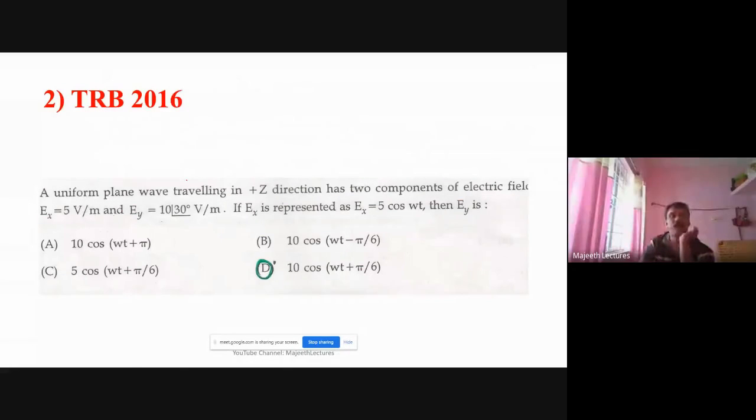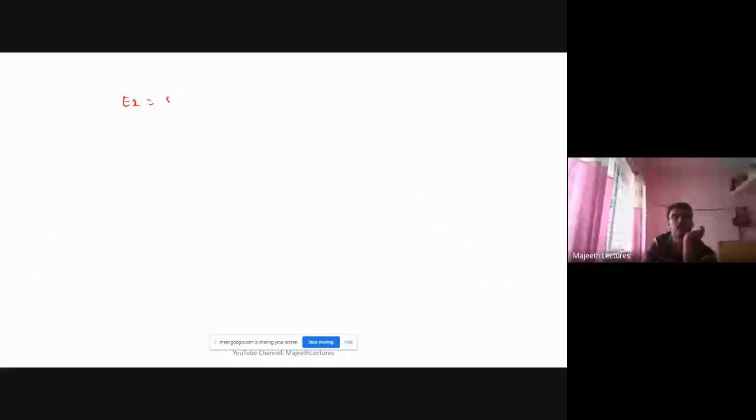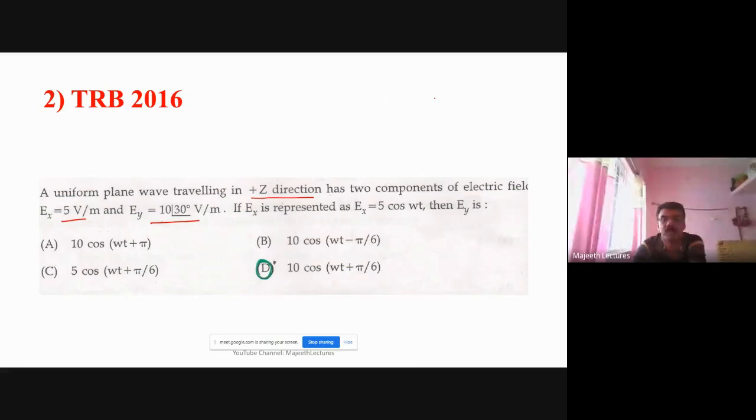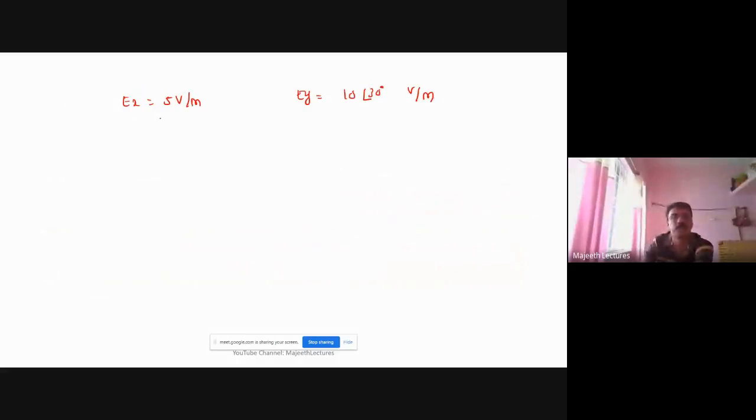Next question, you see, a wave is traveling in the z direction and has two components of electric field. Ex is 5∠0 volt per meter, Ey is 10∠30 degree volt per meter. Ex is represented as 5 cos omega t. What about Ey? They are asking.